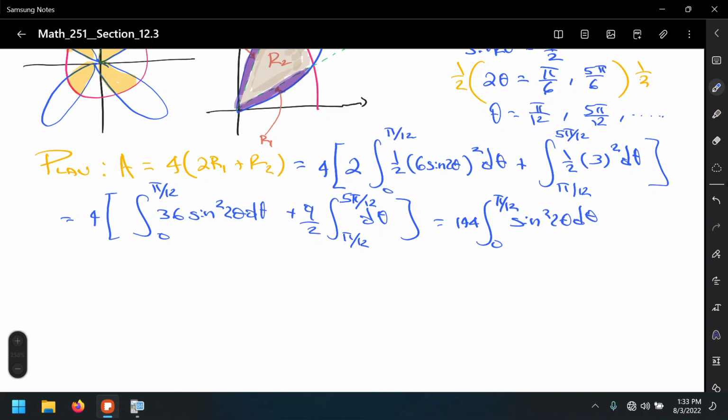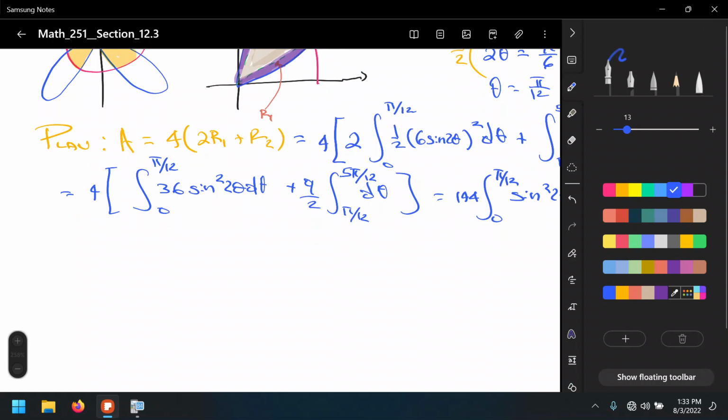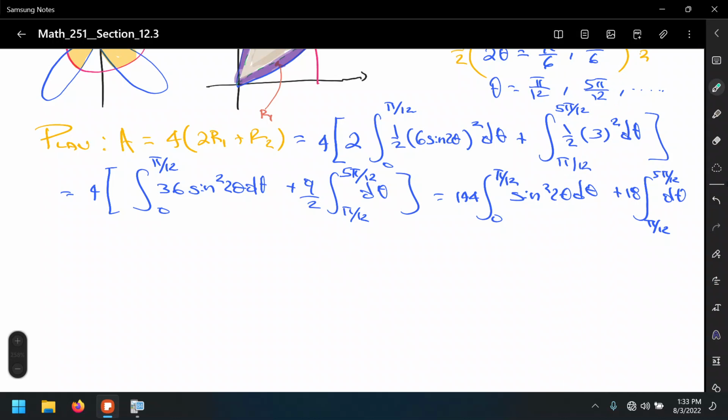And 4 times 9 halves, so 4 over 2 reduces to 2 times 9, that's 18, times the integral from pi over 12 to 5 pi over 12 with respect to theta. And how about we treat this as 2 separate problems to make our lives a lot easier: I1, I2, integral 1, integral 2.